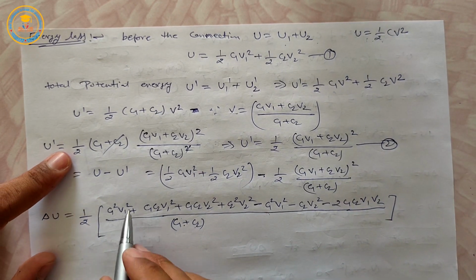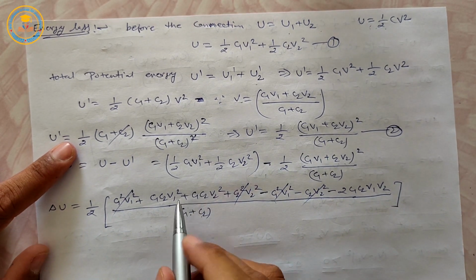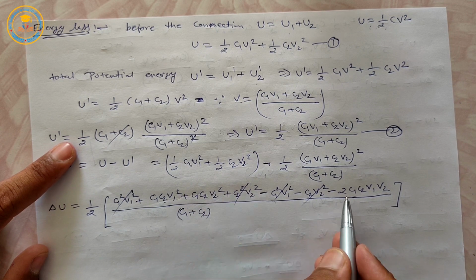First term cancels out with this term, and this term cancels out with this term. In the remaining terms, C1 C2 is common.